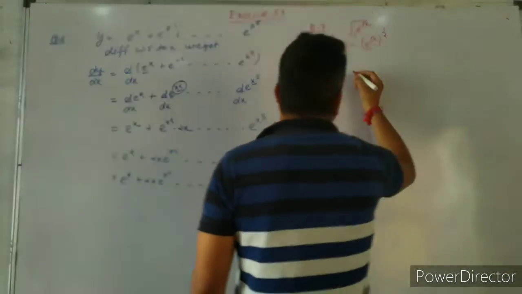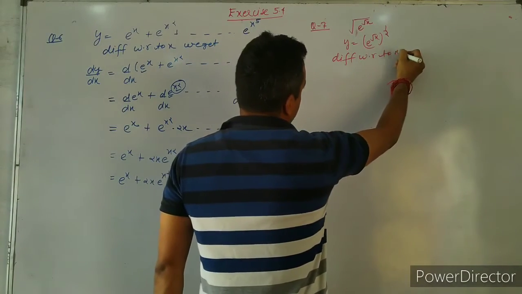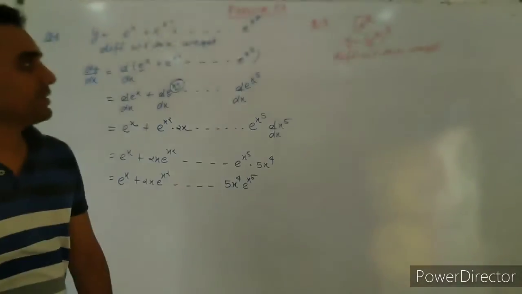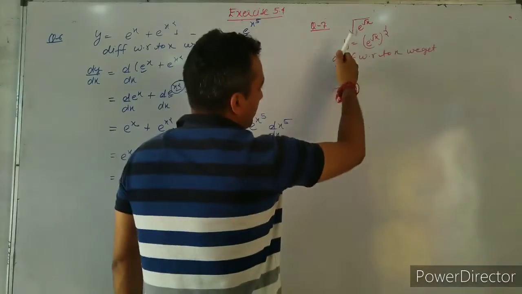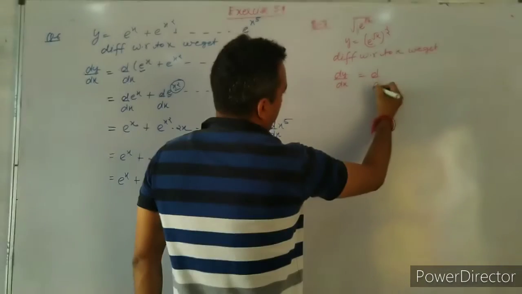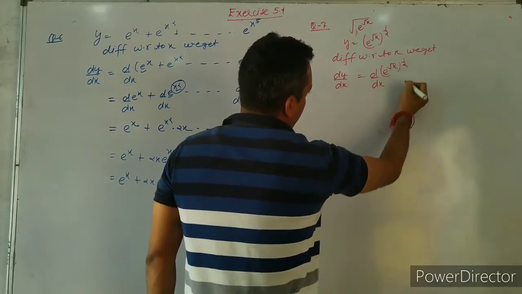Now differentiating with respect to x, we get the differentiation of y, which is dy upon dx, and differentiation of e to the power under root x to the power 1 by 2.